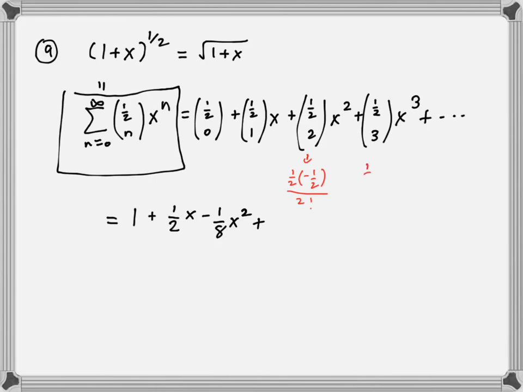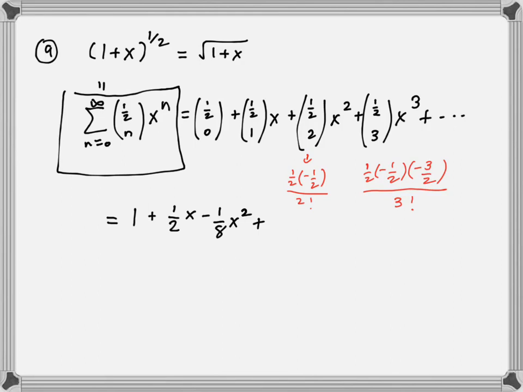What would the next guy be? This would be 1/2 times negative 1/2 times negative 3/2, right? We keep subtracting 1. The bottom is going to be 3 factorial, which is 6. So what would this give us? This is 3 over 8 times 6.